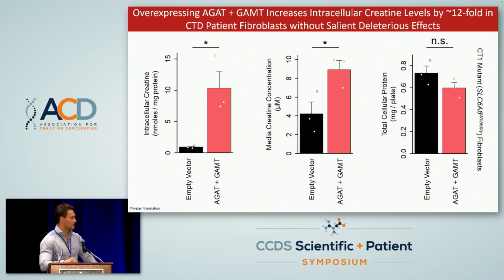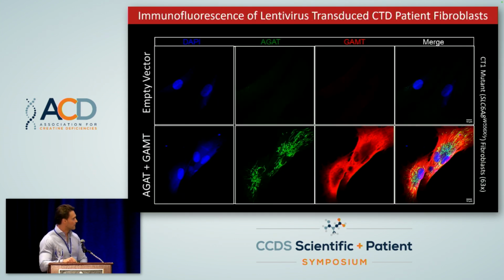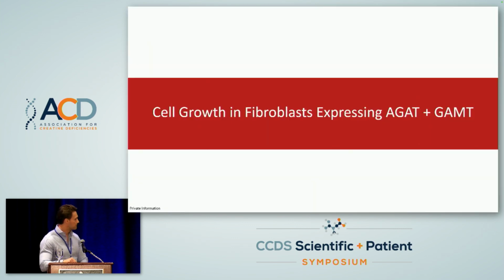And it was statistically significant in the media, which we attribute to probably a leach out of creatine from the cells to the media, since there's no exogenous creatine added in the media. And then the total protein content was not affected. So this is what the appearance of those fibroblasts look like. So we got, again, good expression, good localization, and a boost of 12-fold in creatine.